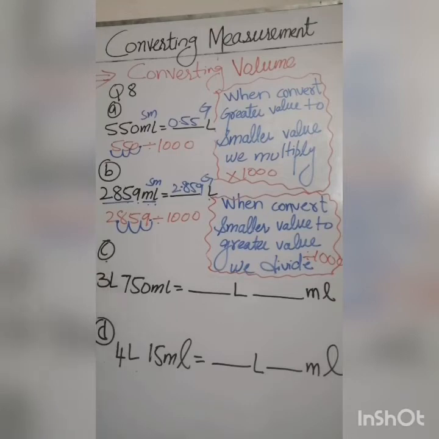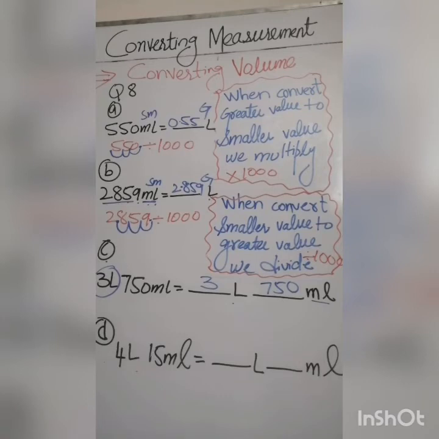Now this is our part C. We convert 3 liters and 750 ml into liters. We just know that there are 3 liters here. We just write that there are 750 ml. So there are 3 liters and 750 ml.